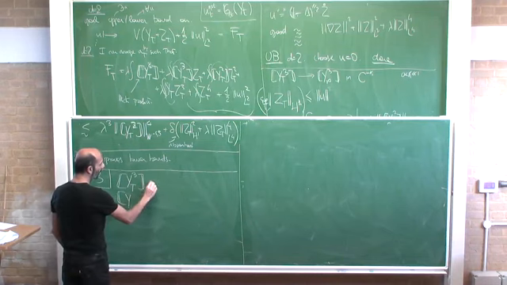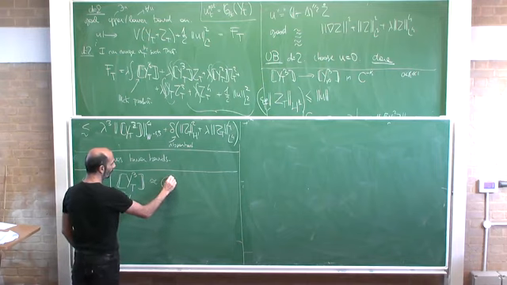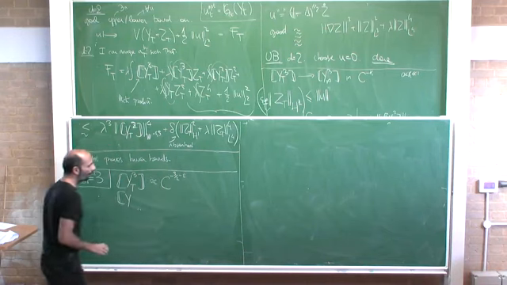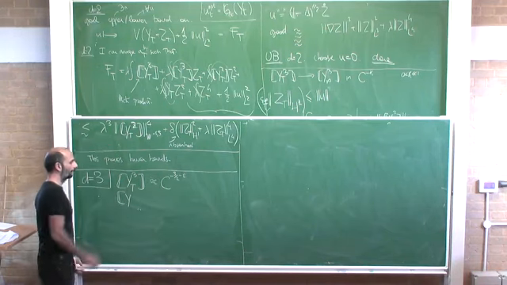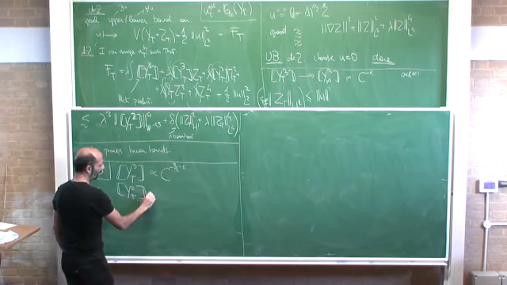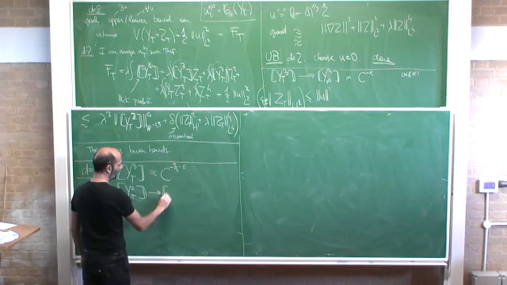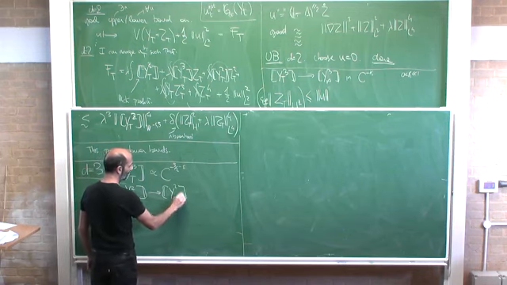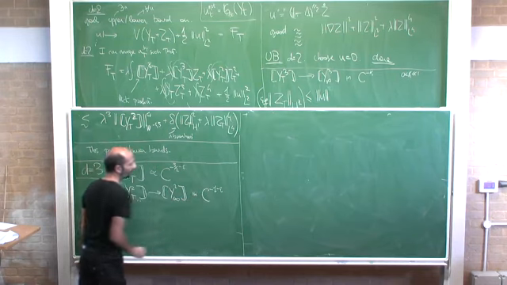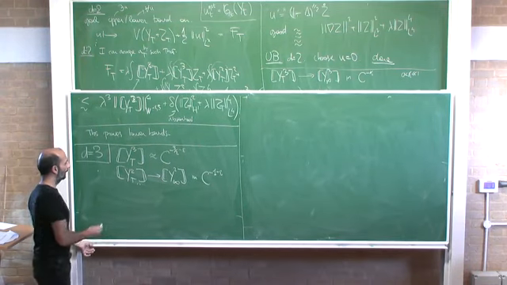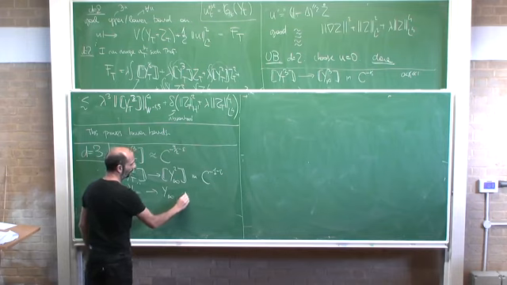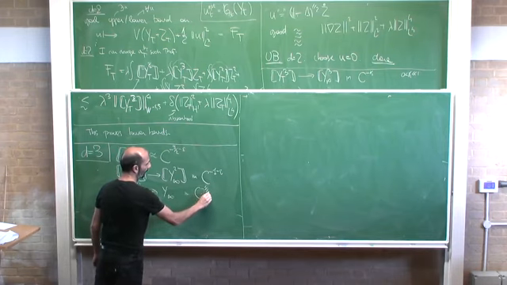It is not true, okay, but morally it is almost there. Then its square will converge to some limit in C minus 1 minus epsilon, and y will converge to its limit in C minus 1.